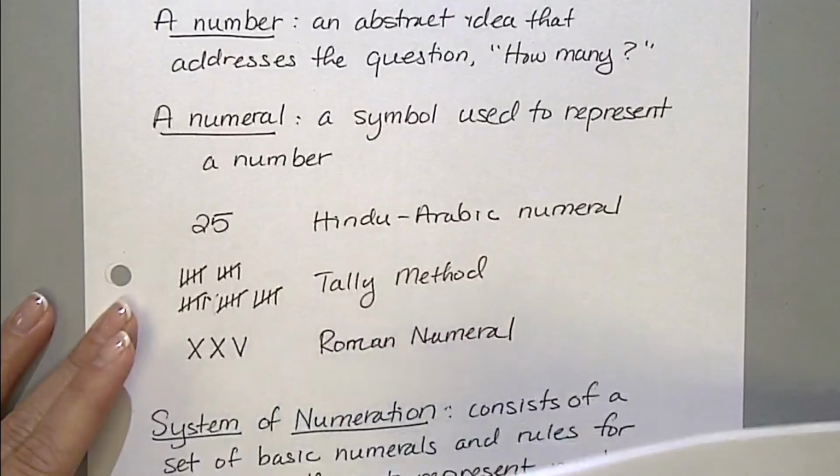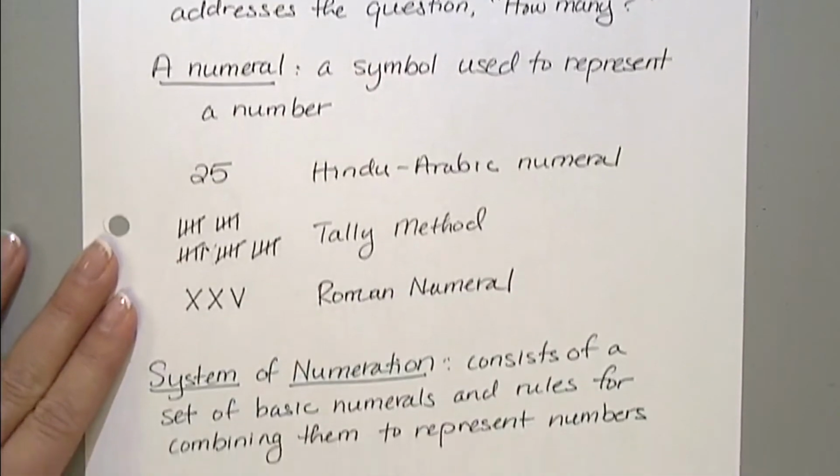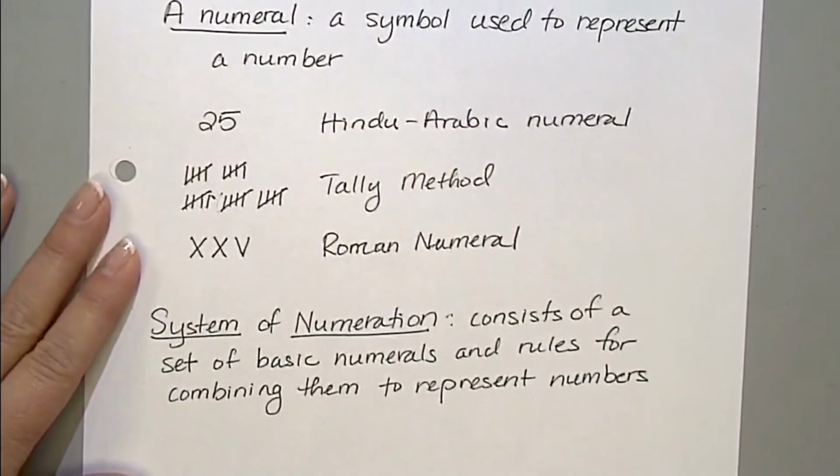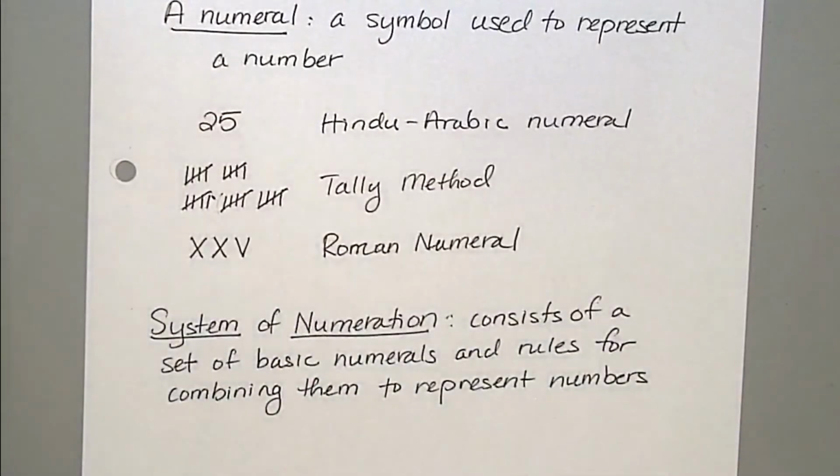Now, a system of numeration consists of a set of basic numerals and rules for combining them to represent numbers. We are going to be looking at various systems of numeration in this chapter. I've already alluded to Roman numerals.